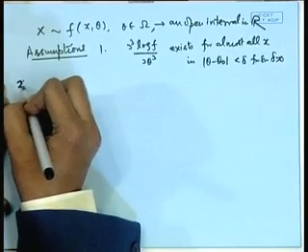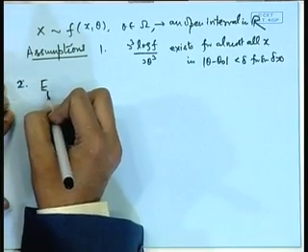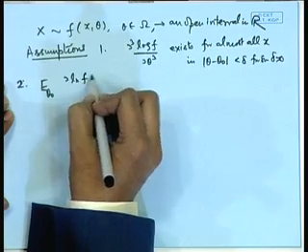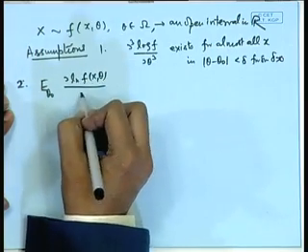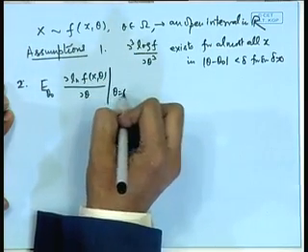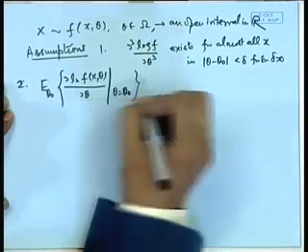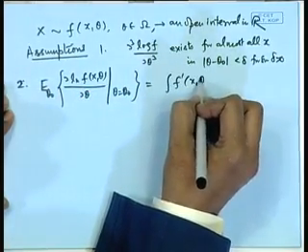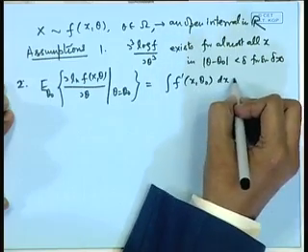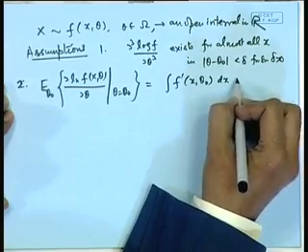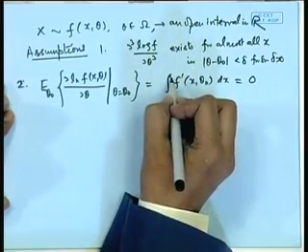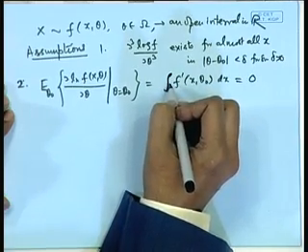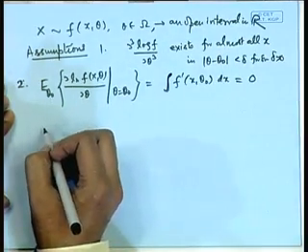Second assumption is that at a point theta naught, this expectation becomes 0. Basically, it means that the density can be differentiated under the integral sign. Now, this integral is a generic notation, this could be summation also in case we are dealing with discrete distributions.